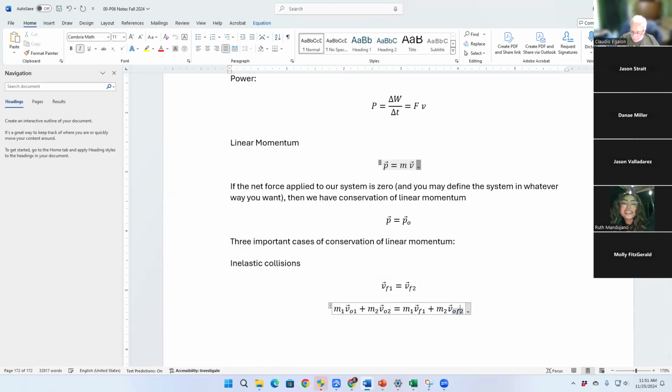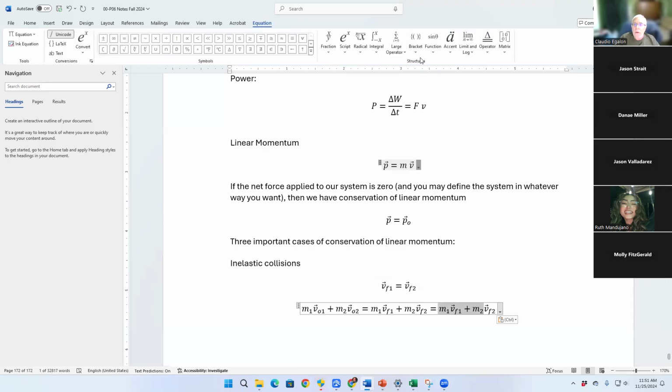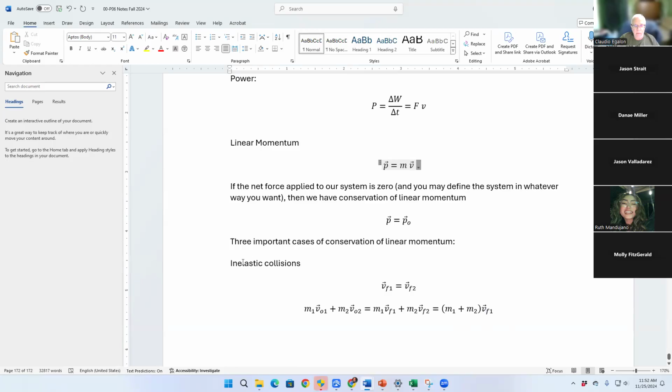Oh, and by the way, because final of 1 is equal to final of 2, we can put the final velocity in evidence. Instead of writing in terms of final of 2, let's write in terms of final of 1 in inelastic collision.